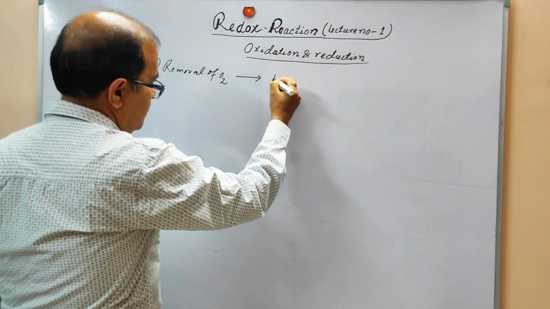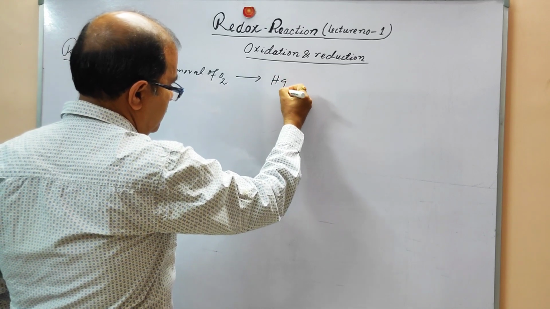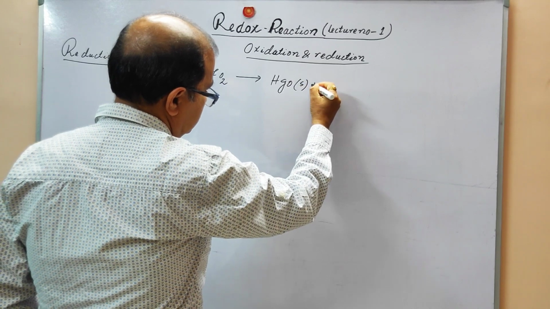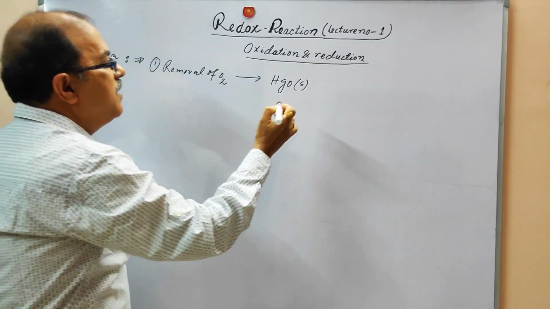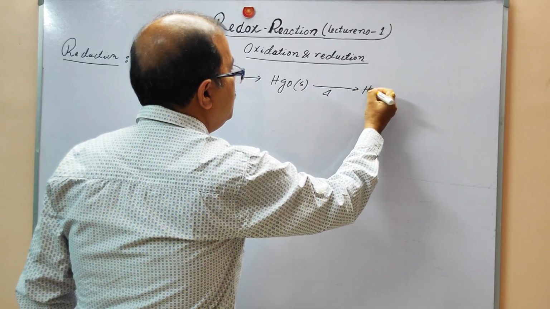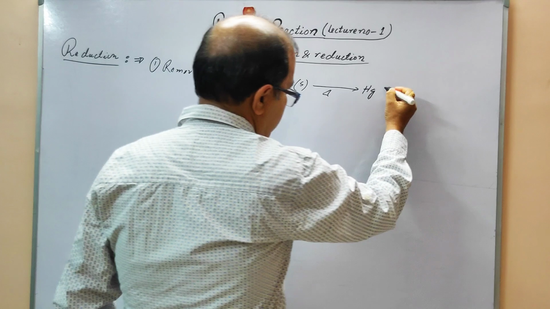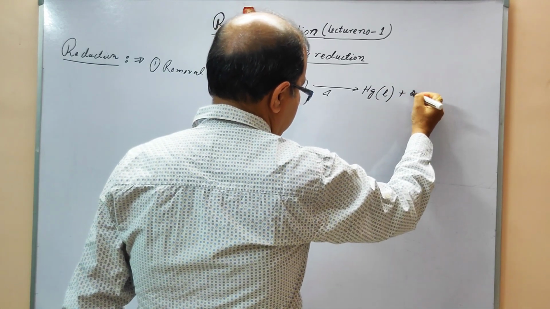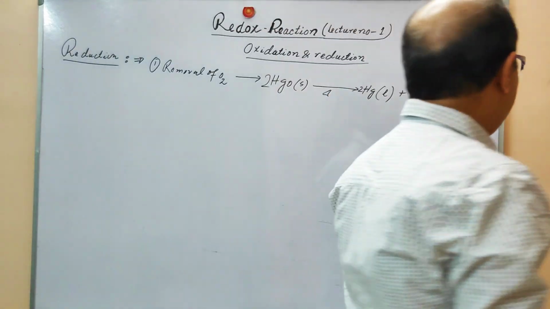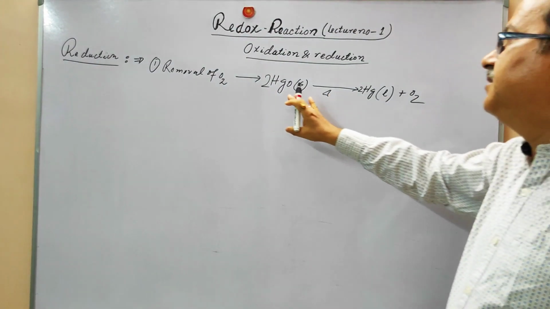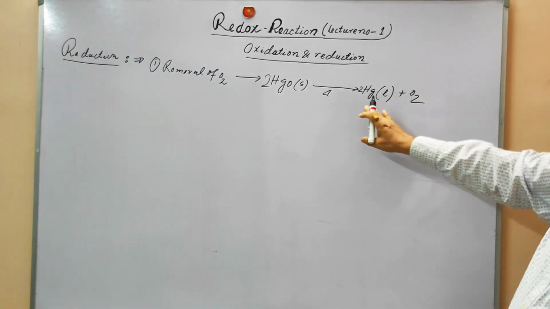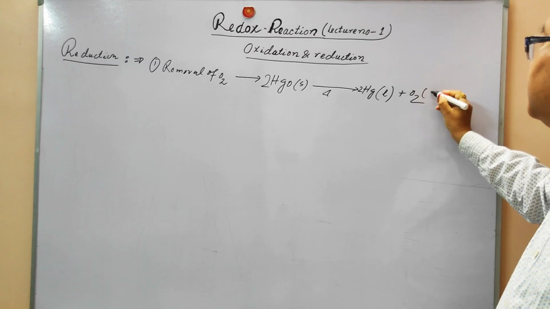For this example we can take mercury oxide. When mercury oxide is heated, it will produce the mercury liquid and oxygen gas.